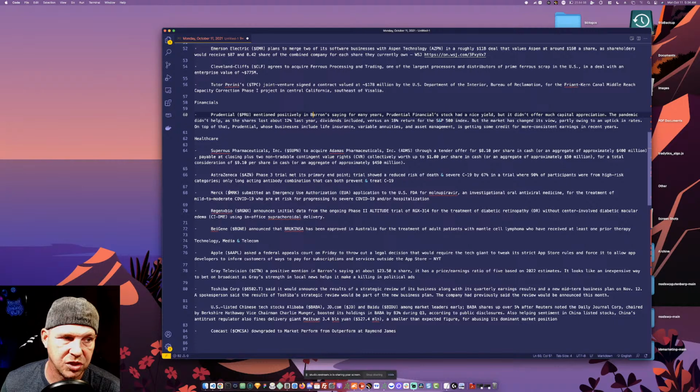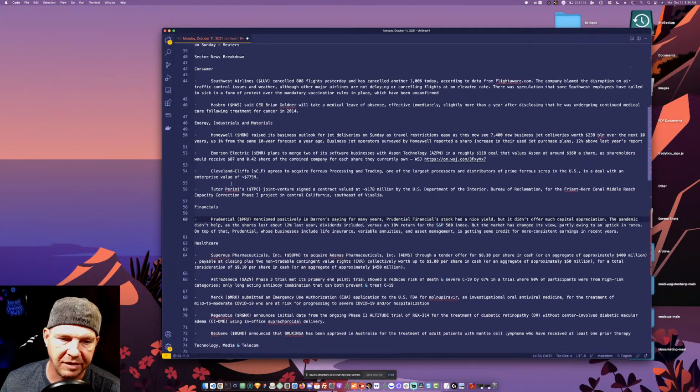They'll probably start shipping it out next week. Merck may move with that news, as well as AstraZeneca. Their Phase 3 trial endpoint showed reduced risk by 67%, where 90% of the participants were at high risk for COVID treatments. So AZ and MRK, I'm going to be looking at those this morning.